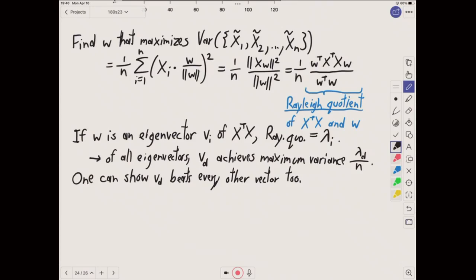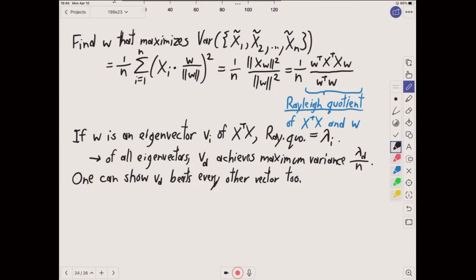All right, so anyway, what this proves is that the eigenvector associated with the largest eigenvalue gives us the best principal component, the one that maximizes the variance of the projected points. But we typically want k different directions. So after we've picked one direction, now we want to pick a second direction that is orthogonal to the first direction.